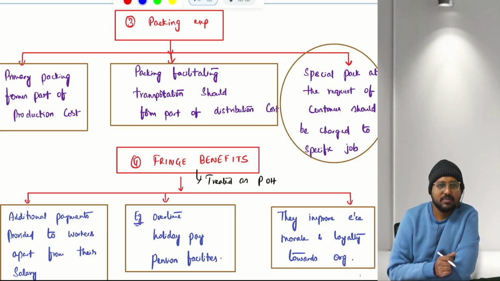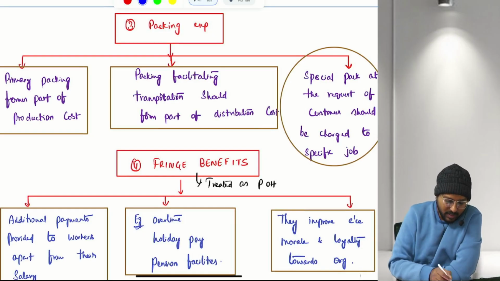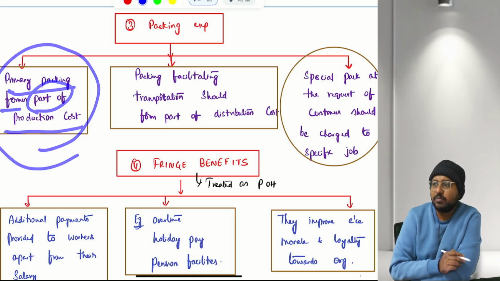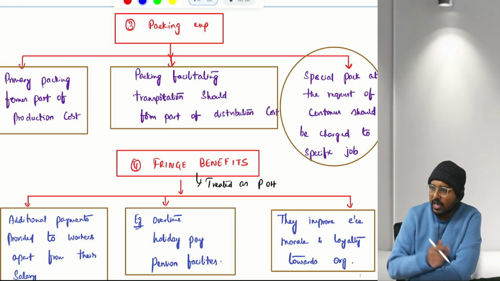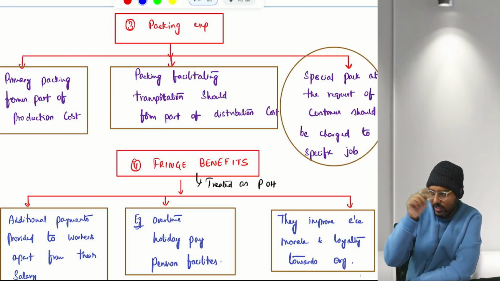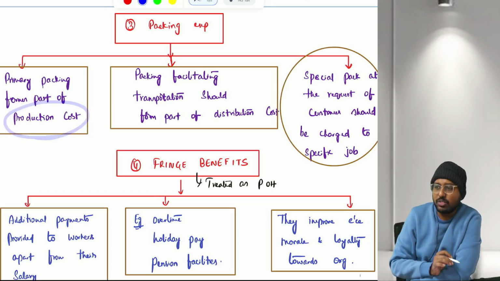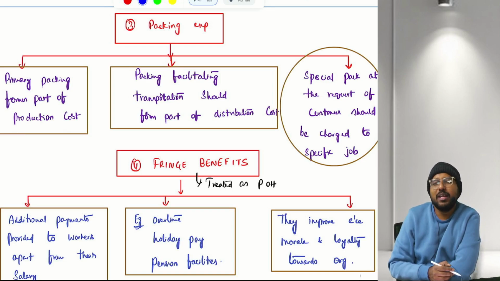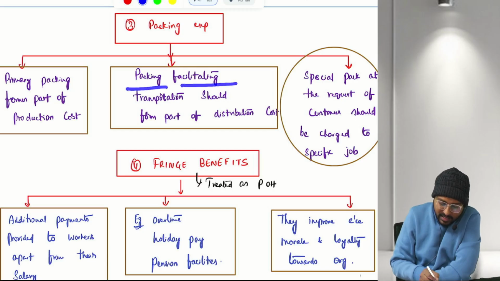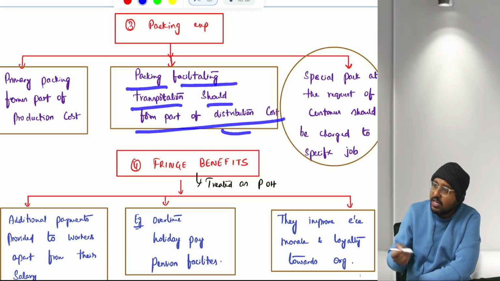Okay, now see, primary packing forms part of production cost. Very, very important. In the case of milk packets, the sealing and packing of the milk packet, the packing of the individual chocolate, forms part of production cost. Packing that facilitates transportation should form part of distribution cost.